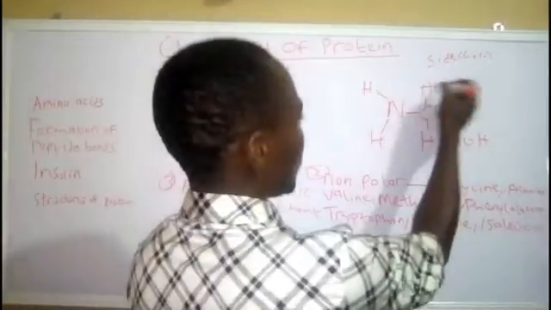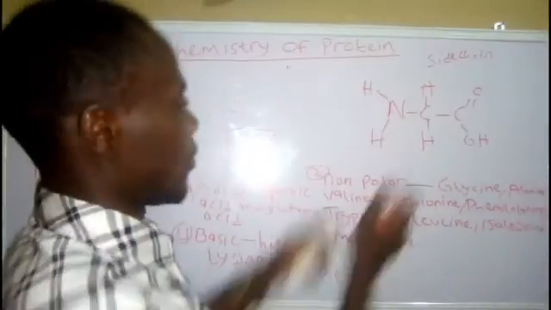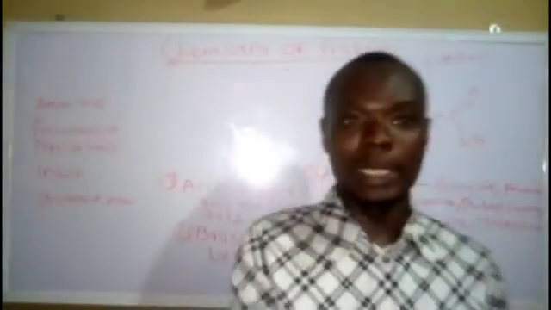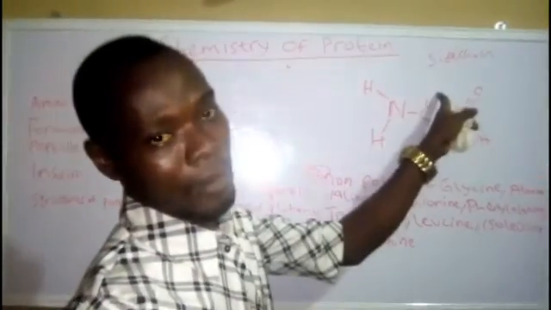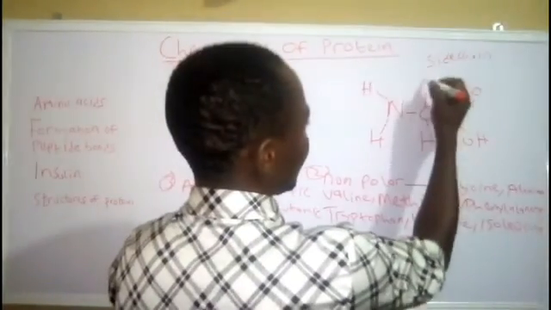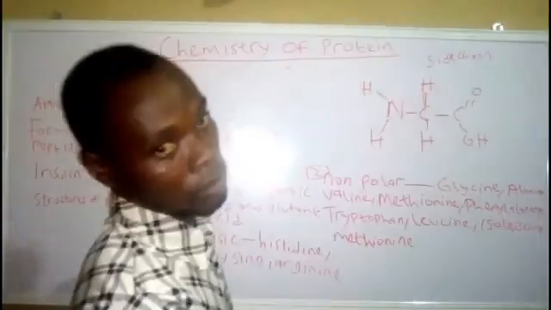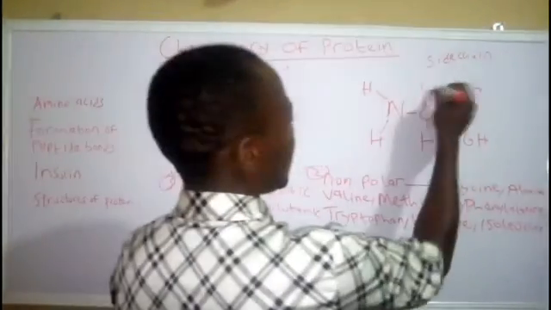So look at it now. This is the structure of glycine. Before we proceed, let's talk about the structure of alanine. This is the R part. Are you getting it? Let me quickly mention that the difference between one amino acid and the other is the R part. For example, the R part of glycine is H. Now the R part of alanine is CH3.